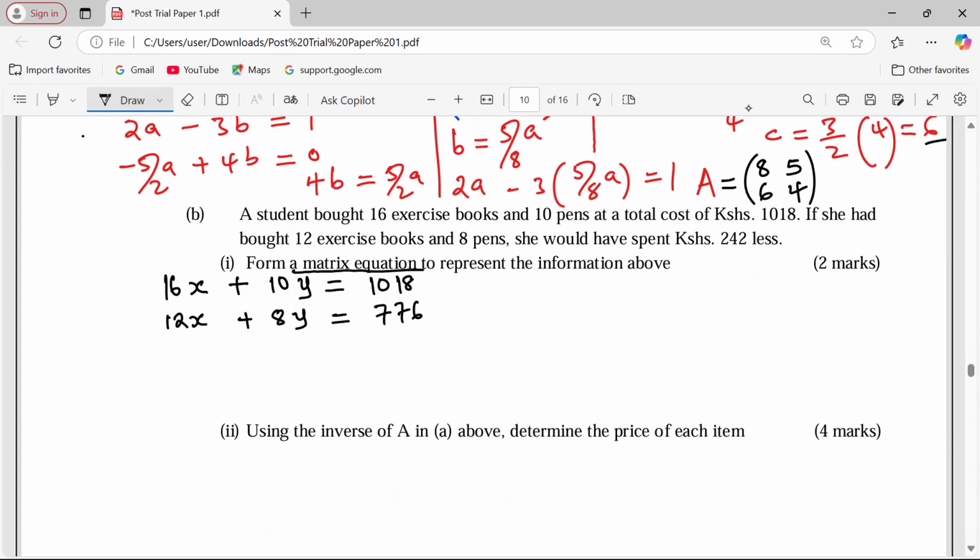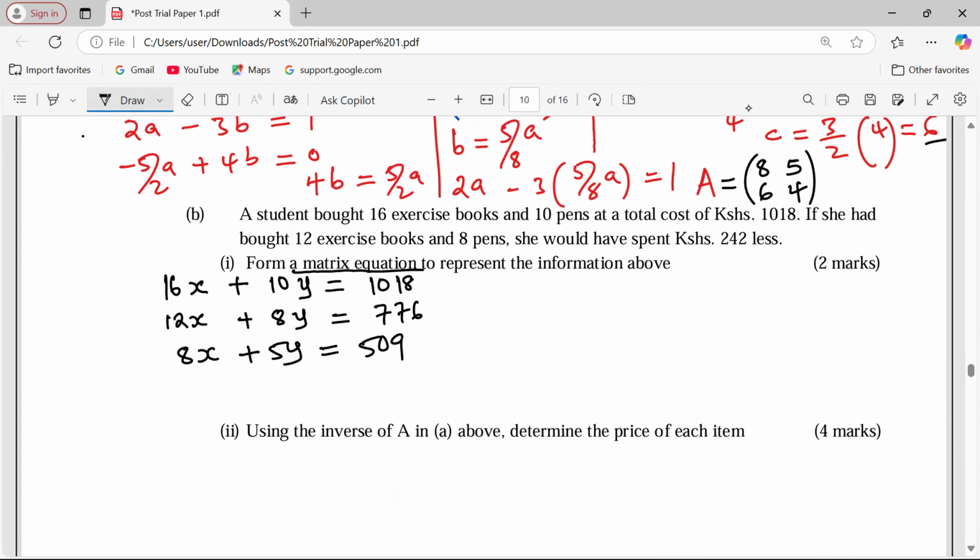Now, it's good if two equations are linear, it's good to have them completely simplified. So dividing by 2, the first equation becomes 8x plus 5y equals 1018 over 2. This gives us 509.